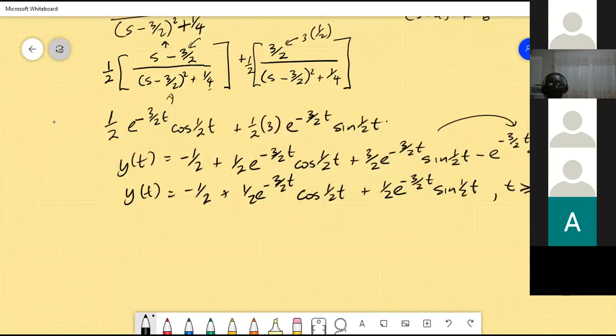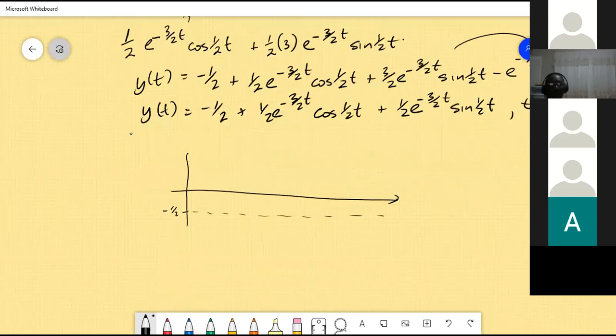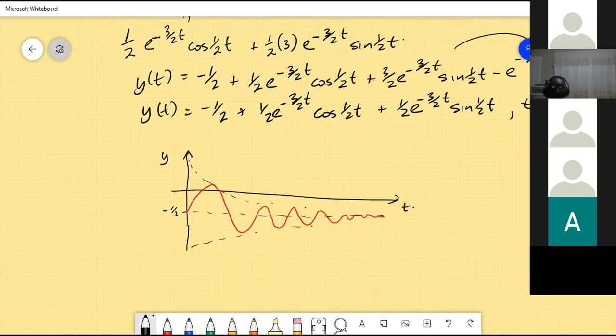And basically, what it's going to look like is that if we have minus a half down here, times an exponentially decaying term, whatever it is, my voltage, my current, or whatever, that's what it's going to look like.